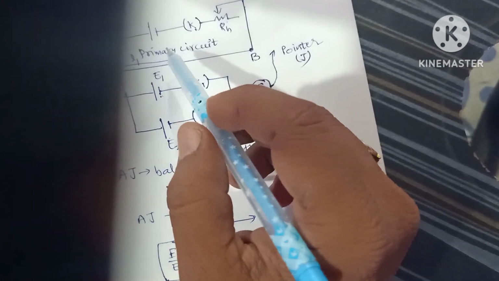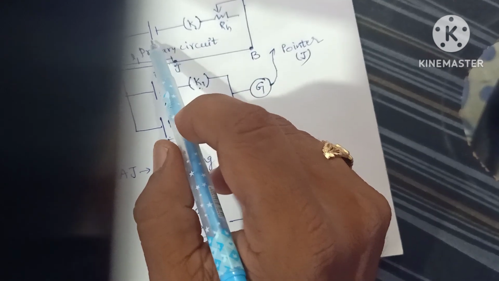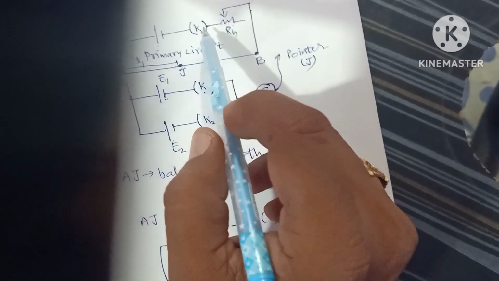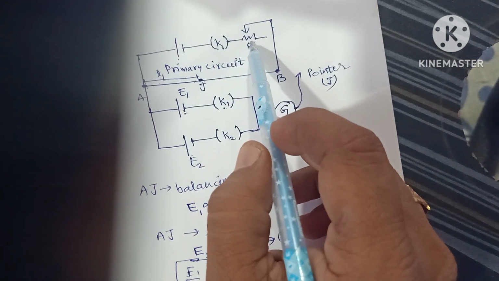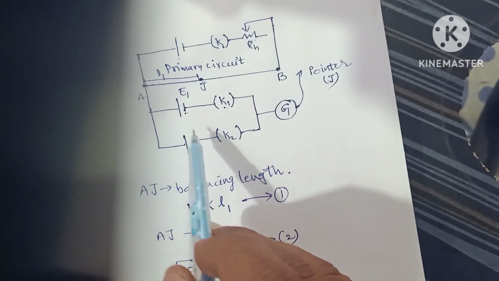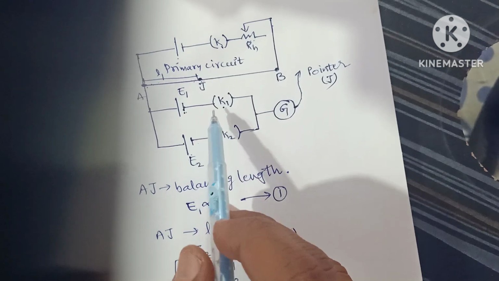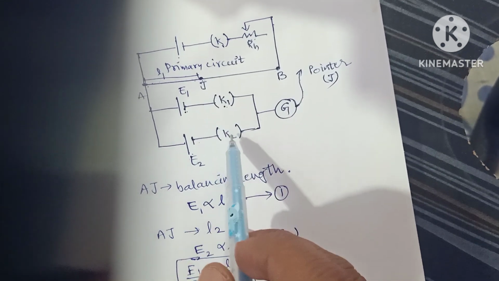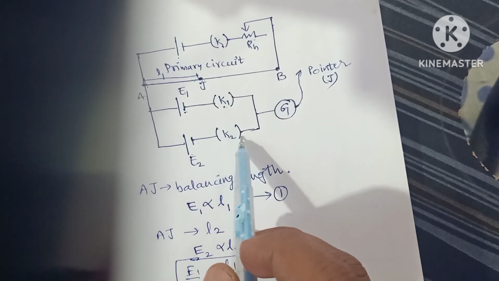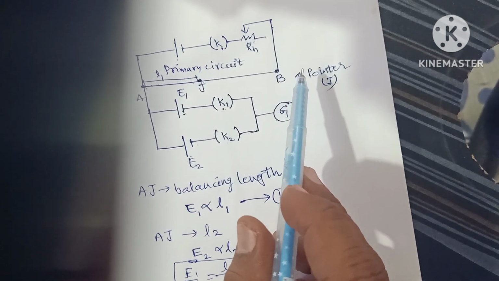What we did first, we constructed the primary circuit using a battery, a key and a rheostat, and the secondary circuit consisting of the two batteries to be compared along with keys K1 and K2, both together connected to the galvanometer, and the galvanometer connected to a pointer.